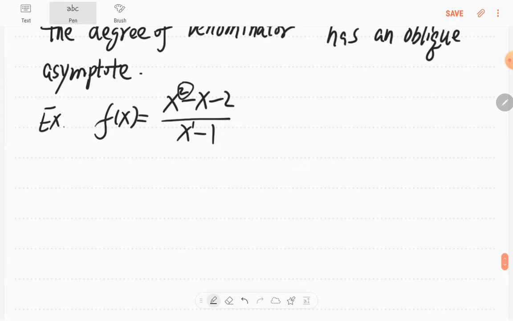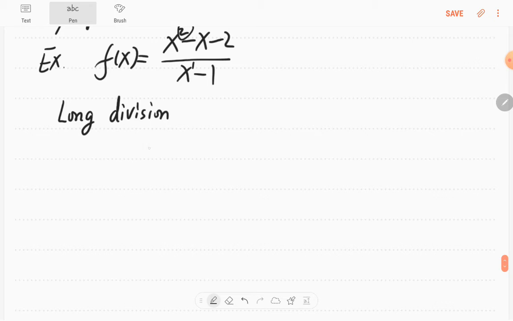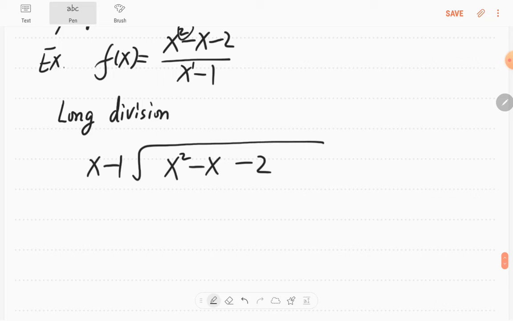So what we should do is take a long division. Let's look at the long division: x squared minus x minus 2 divided by x minus 1. So here's x, so x squared minus x.